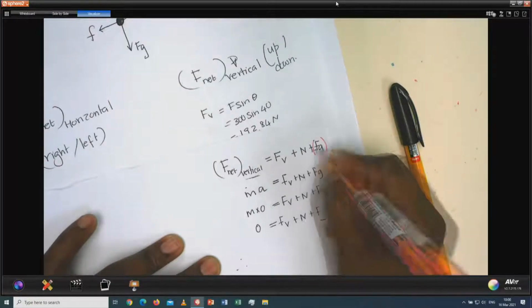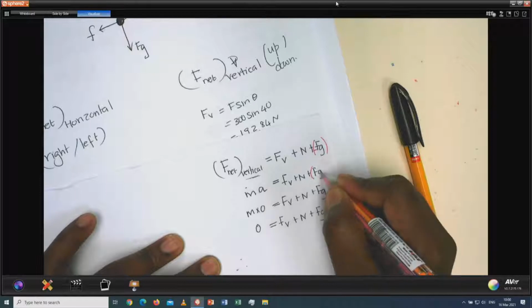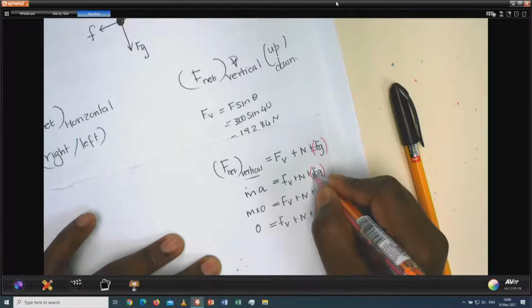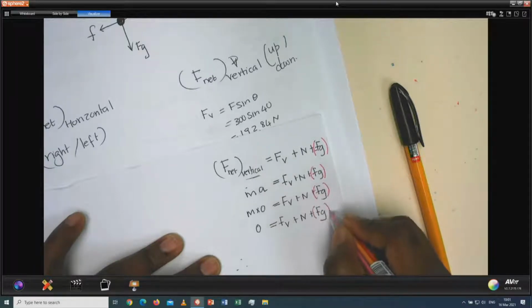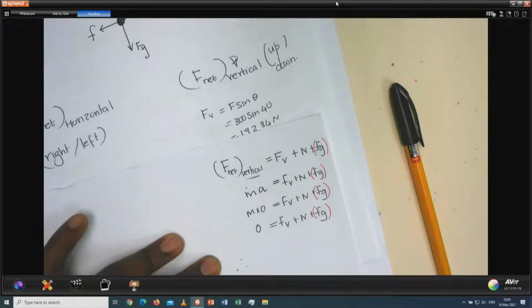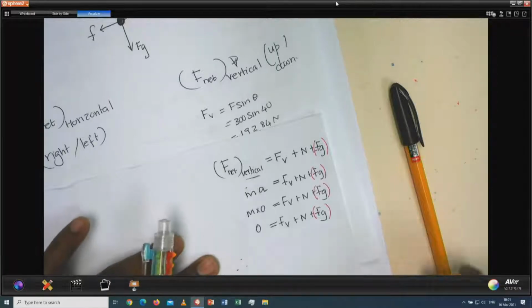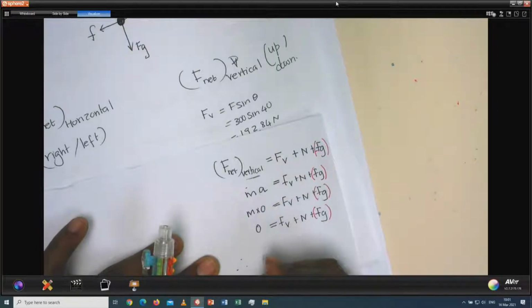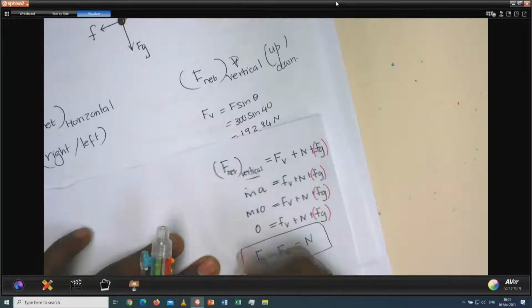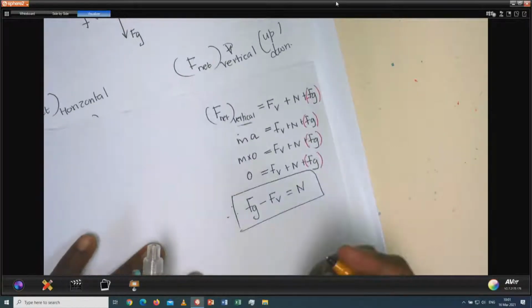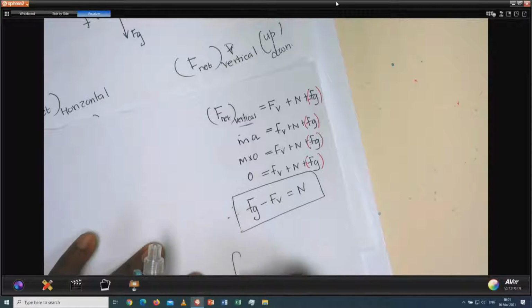That means our force of gravity here is downwards, so we must include the direction for the force of gravity. And if we transpose that, we have Fg minus Fv equals n.